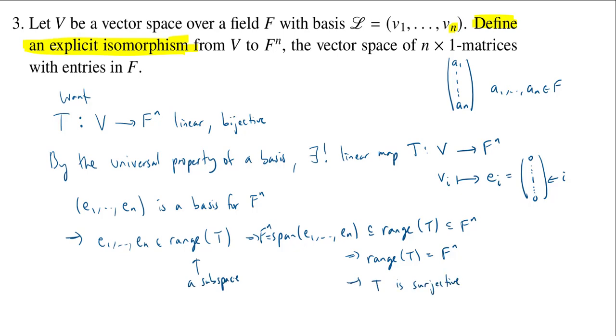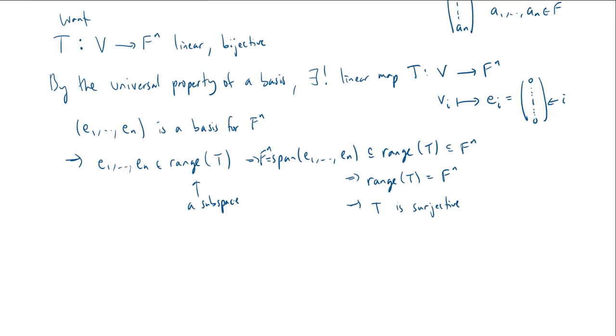All right, now, it's actually enough when you're talking about vector spaces of the same dimension to show that a map is surjective, then you'll get injective for free. But let's just verify it using the rank nullity theorem or the fundamental theorem of linear maps. So by the fundamental theorem of linear maps, well, what do we know?